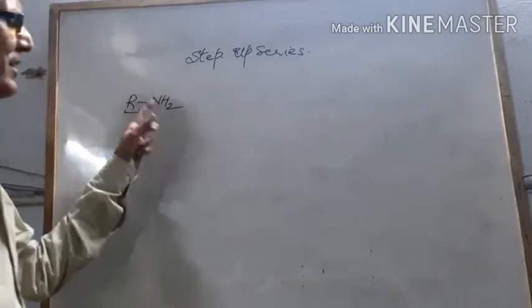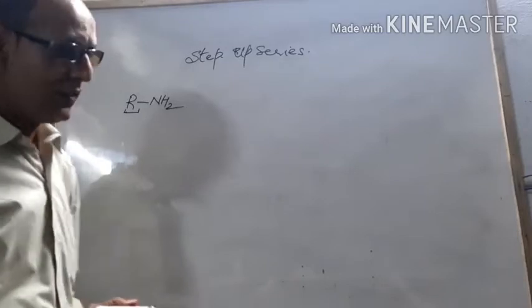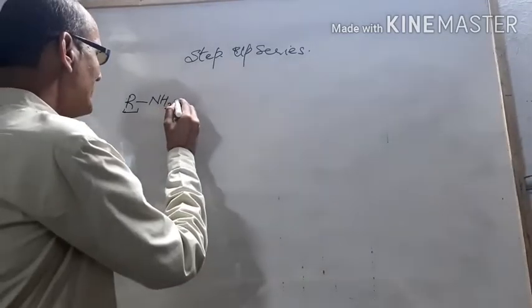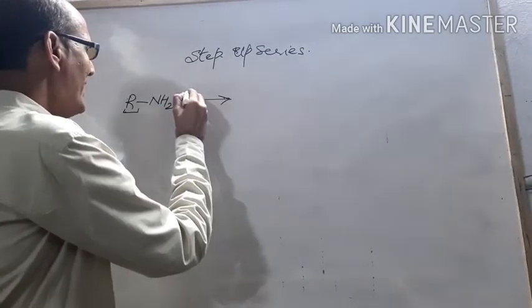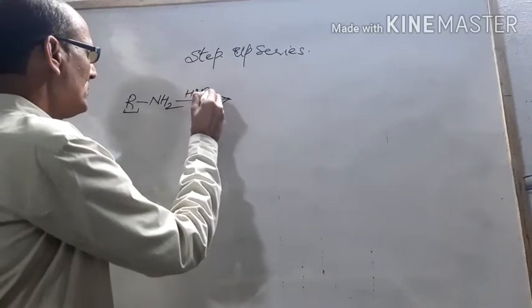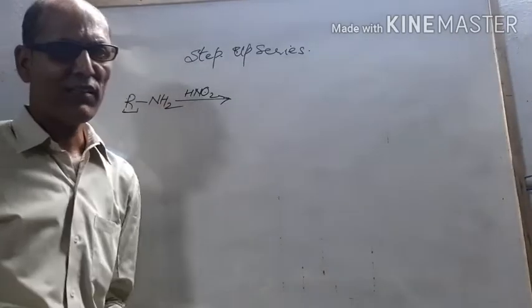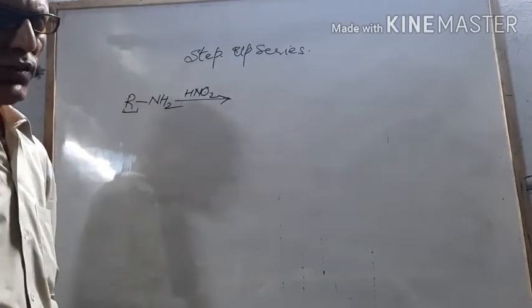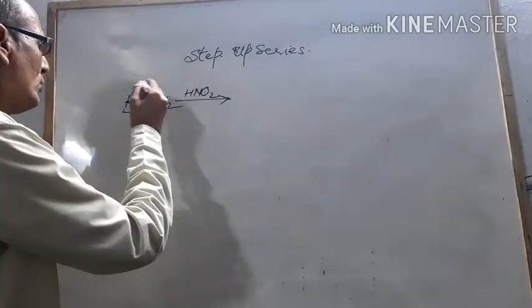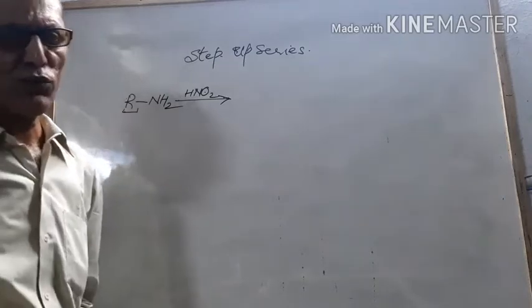First of all, this amine should be converted into alcohol by reaction with nitrous acid, HNO2. As we know, when a primary amine reacts with HNO2, the amine group is converted into an alcohol group.